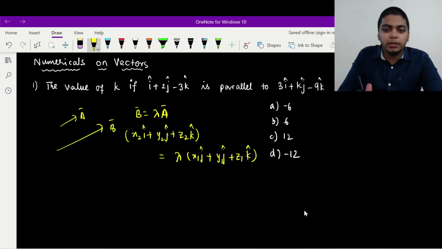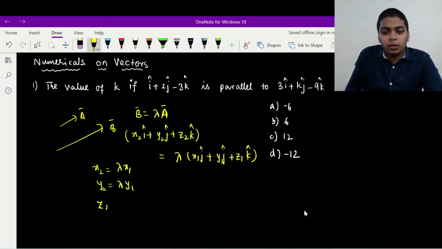From LHS and RHS, you can equate the coefficients of i cap, right? So your x2 is nothing but lambda times x1, your y2 is lambda times y1, and your z2 is lambda times z1. From this, you can also say that lambda is x2 by x1, and it is also equal to y2 by y1, and simultaneously equal to z2 by z1.